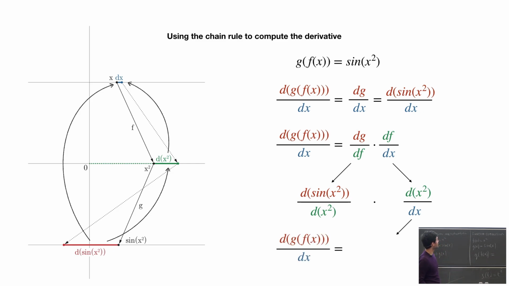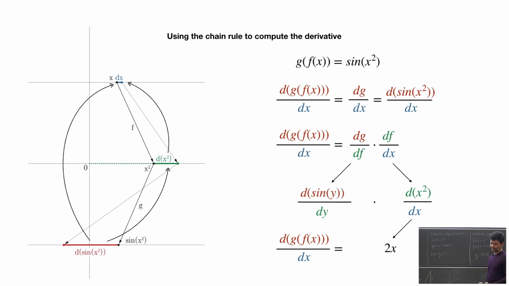Yeah? And this one, d of sine of x squared over d of x squared, looks a little bit complicated, but if you think about it, x squared we can just symbolize as any kind of variable. We can, for example, call it y. y is equal to x squared. Then the question is, what is d of sine of y over d of y?